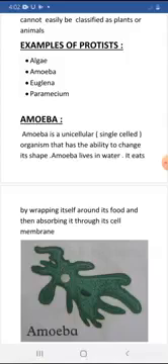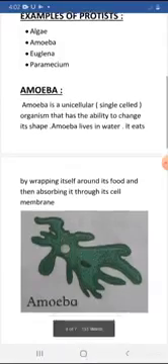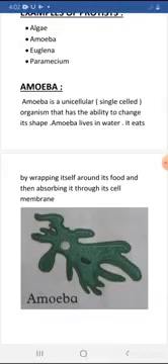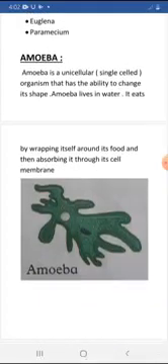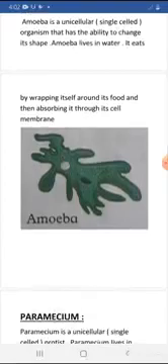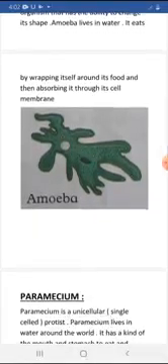It is an organism that has the ability to change its shape. Amoeba lives in fresh water. It eats by wrapping itself around its food and then absorbing it through its cell membrane, as you can see in the given diagram.